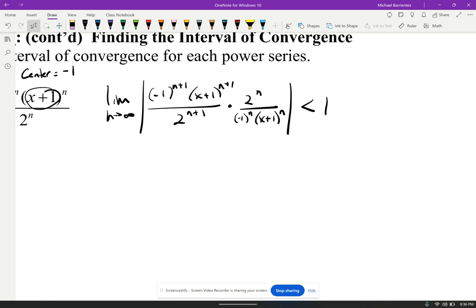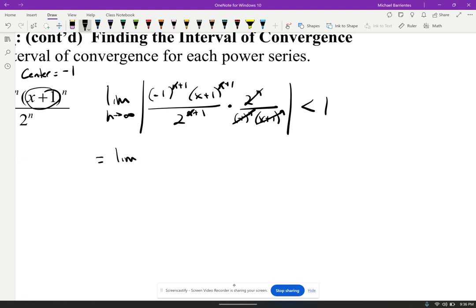Is there anything that we can reduce? Well, yes, I think I can reduce this with this. I'm still left with -1 to the 1 power. I can reduce 2 to the n and 2 to the n here, but I'm still left with 2 to the 1 power. And I can reduce (x plus 1) to the n with (x plus 1) to the n, and I'm still left with x plus 1 to the 1 power.